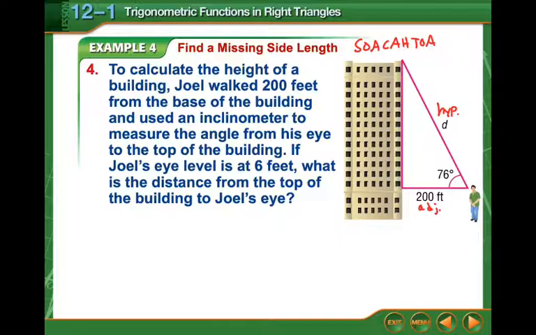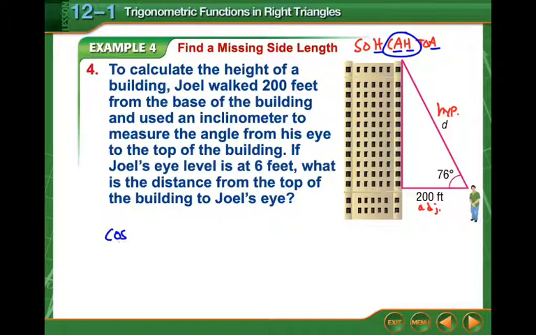Oops, I wrote it "swa" instead of "so." I was wondering why I had so many things underlined. Ka, toa. There we go. So again, we have adjacent side and hypotenuse. The only thing with two lines under it is the ka. So we are using cosine.